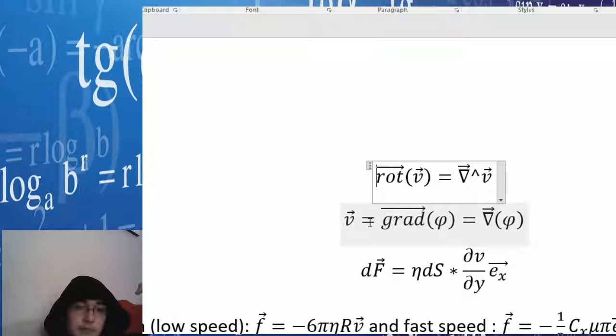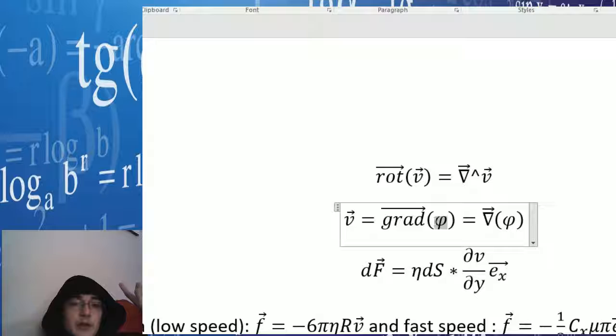Then there is a special property. If this equals 0, the vector 0, then it means that the particle doesn't spin, and you define phi like this one, as being the gradient of v. So you can write v equals gradient of phi.